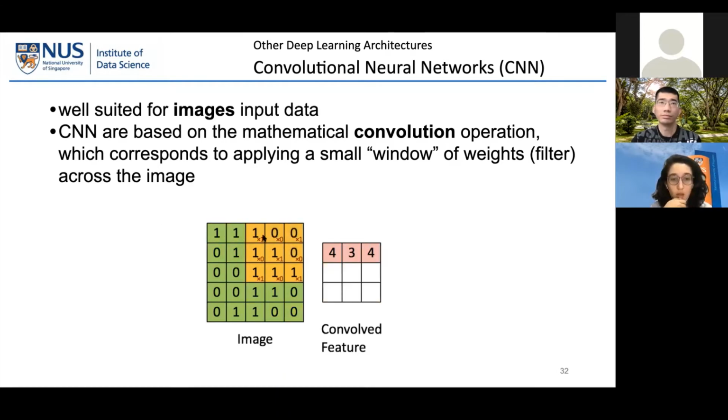In orange here, you apply the filter, and so it's local, right? It's a small sub-matrix within your full image, and you apply this filter, this small window of weights, to parts of your image. And for each small window, you will get one convolved feature.